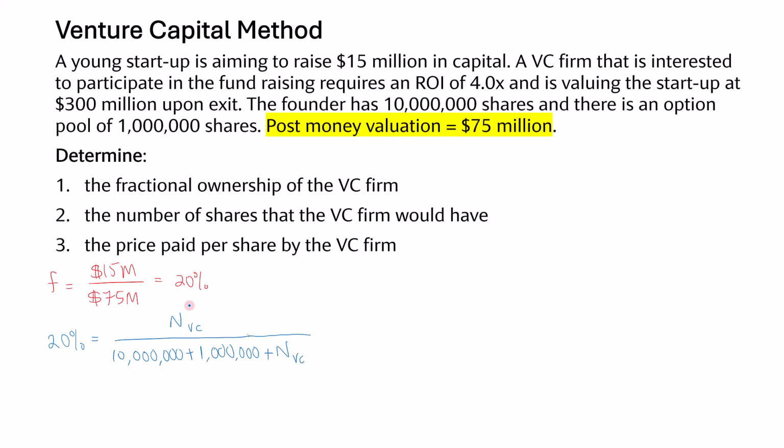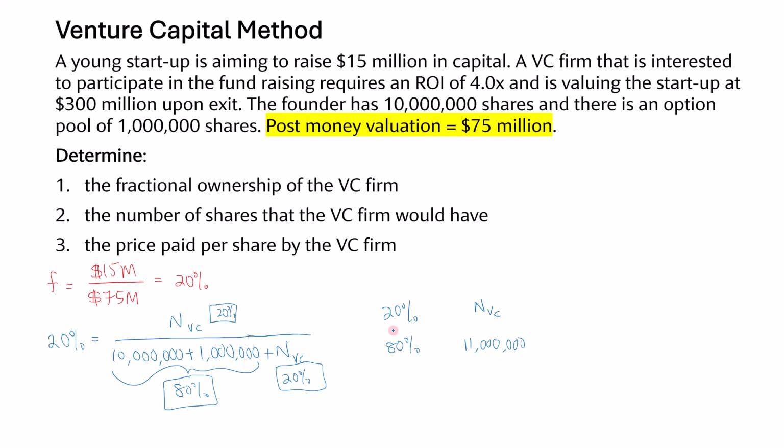Now, the portion of shares that the VC will get represents 20% of the firm. So this is the 20%, and of course, the remaining portion here would be 80%. So if you want to calculate the number of shares the VC would have, proportionately, the 20% would be proportionate to the number of shares the VC will get, and the 80% would be referring to that 11 million shares.